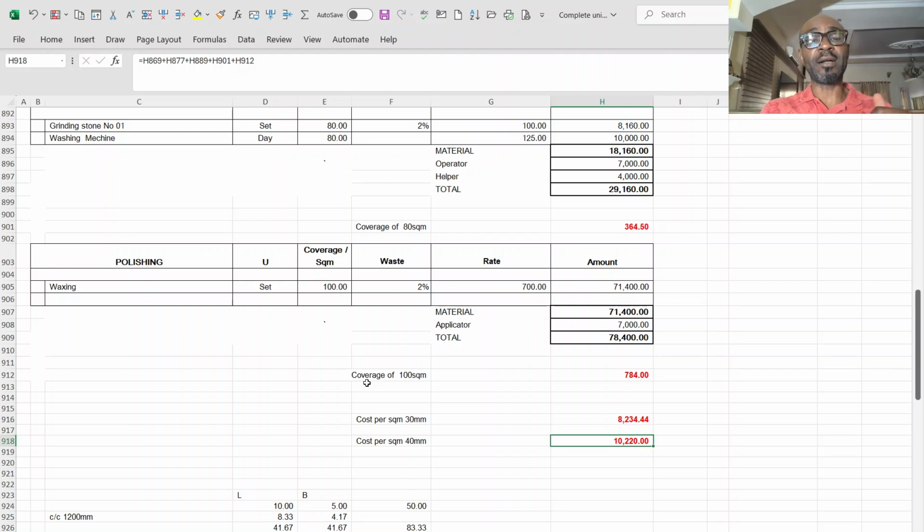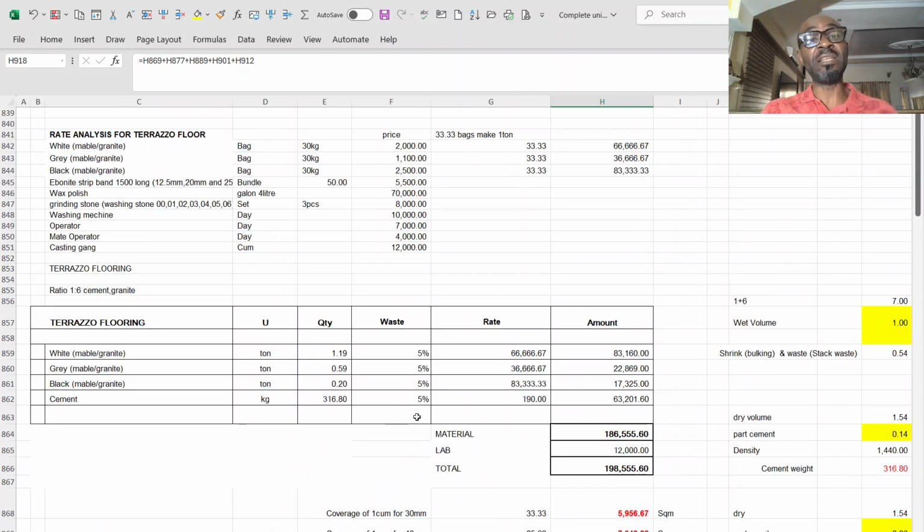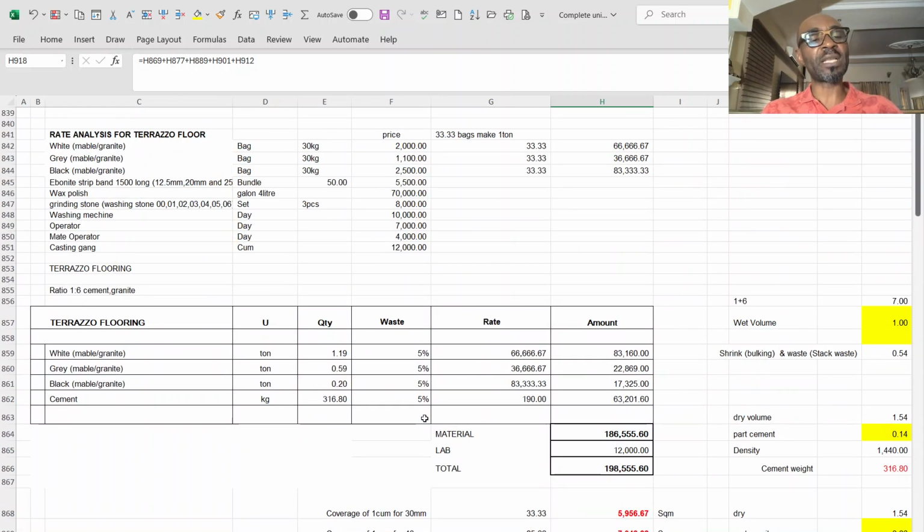So this is the procedure I believe you needed to undertake to arrive at the cost per square meter for terrazzo finish, because you needed to take each of the tags one after the other for you now to get the aggregated amount for whatever thickness.